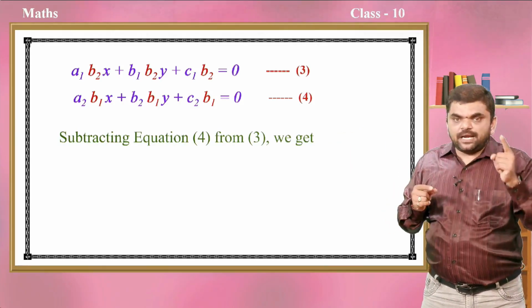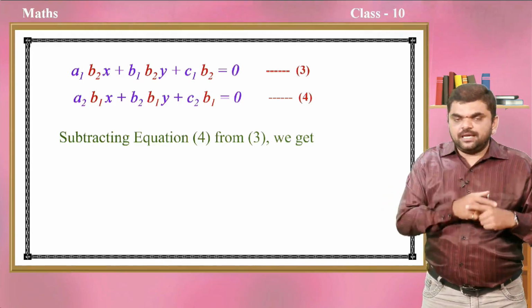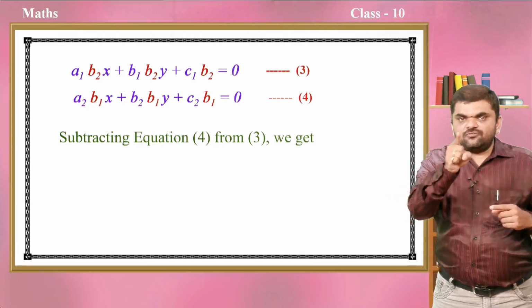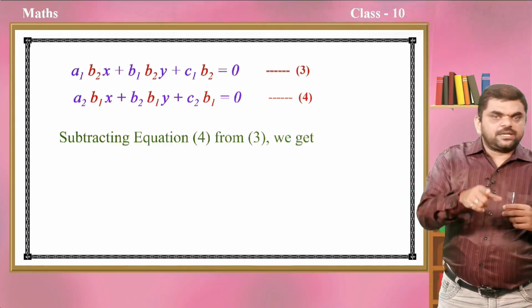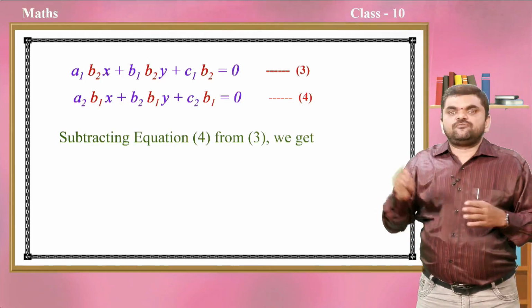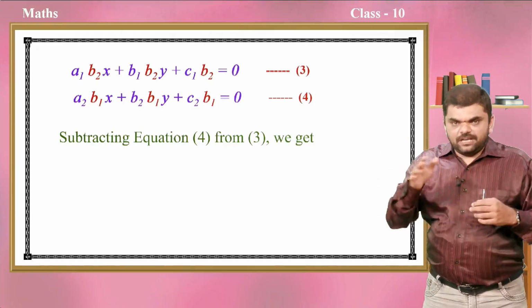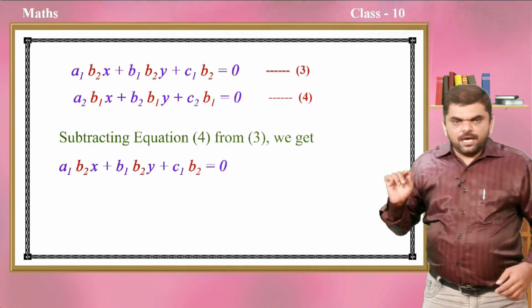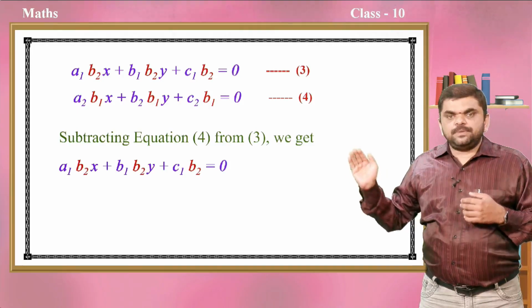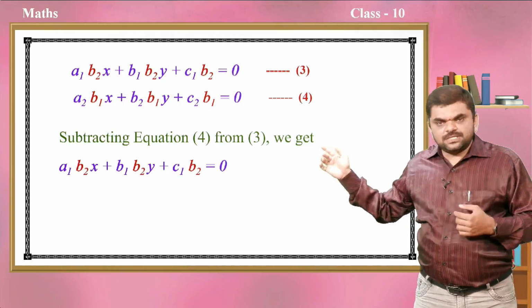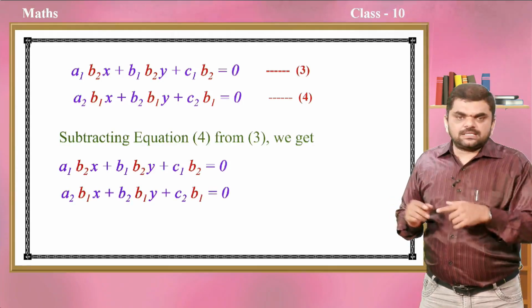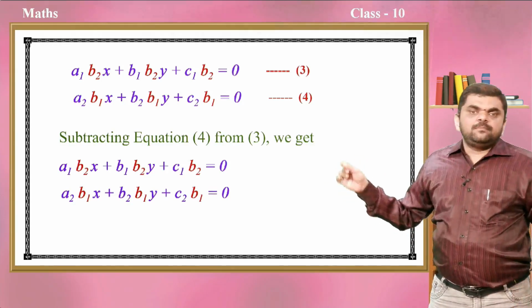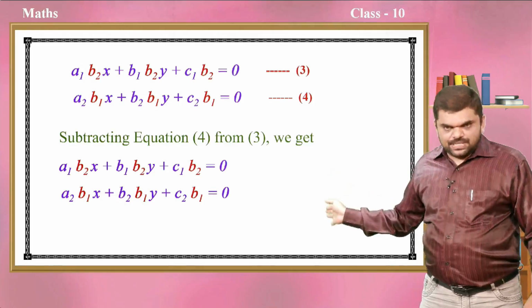Now subtract equation number 4 from equation number 3 because the coefficients of y in both equations are the same. So by subtracting, we will get a1b2x plus b1b2y plus c1b2 is equal to 0, and one more equation, a2b1x plus b2b1y plus c2b1 is equal to 0. Now subtract.